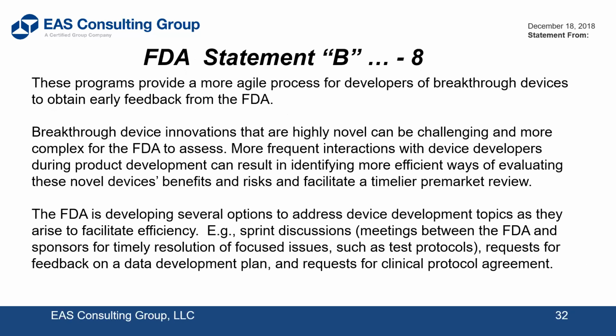You notice here down at the bottom, the last paragraph talks about sprint discussions. These allow a little more input on the part of the FDA. Those of you that deal with the agency know they're pretty much loath to give you advice unless they have a hard document in front of them. And I can understand that, because it gets into a he said, she said type of thing later on if decisions don't go along the way the submitter thought they should, based on previous conversations.